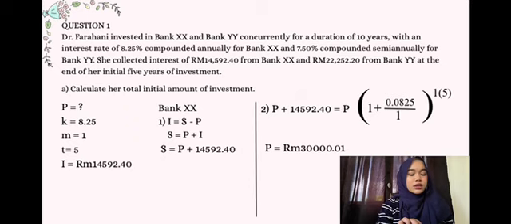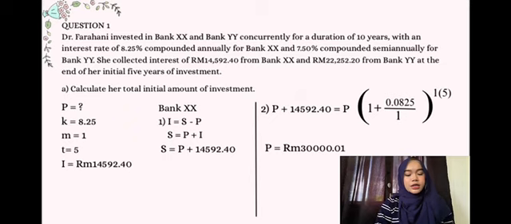Now we substitute into the compound interest formula: P plus 14,592 ringgit and 40 cents equals P(1 + 0.0825/1)^5.